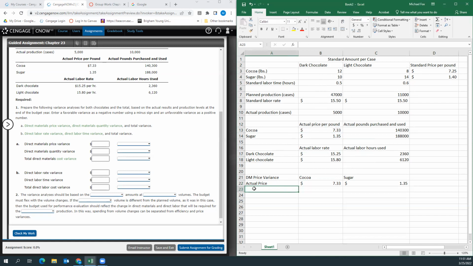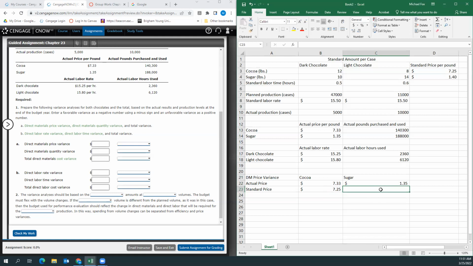And then I'm going to compare that to my standard price. And remember, standard price just means a budgeted price, the amount that we set as our standard or our norm. Okay, so my standard price for a pound of cocoa is right here, $7.25.